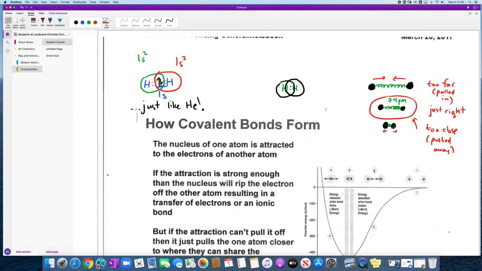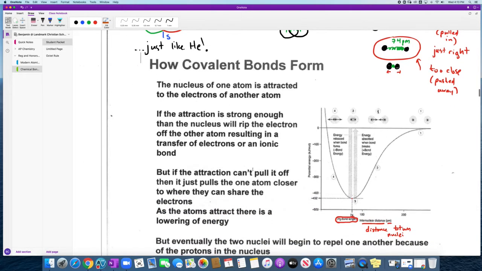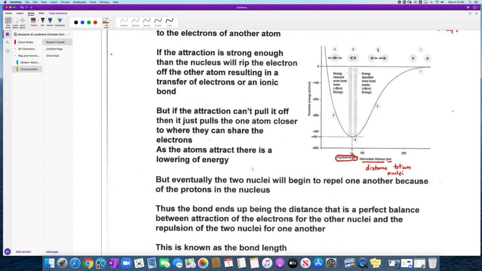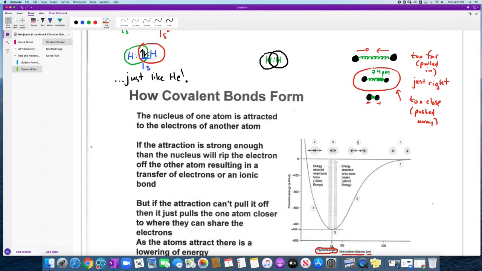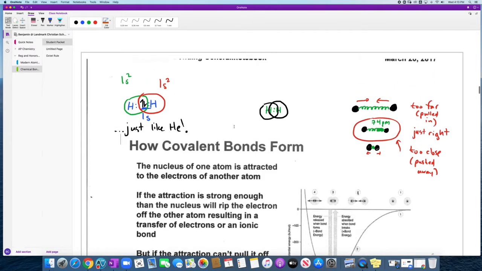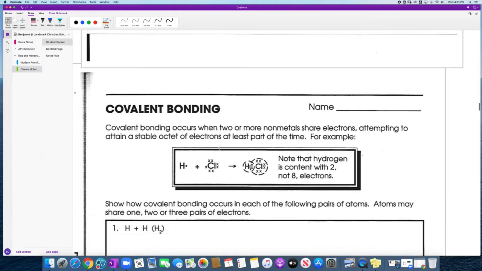Okay, so I want to actually skip through most of this since we talked through that diagram, and now you've got this visual of a spring kind of pulling in the atoms or pushing away, and now making that connection with noble gas electron configurations. Let's go ahead and continue on right here.